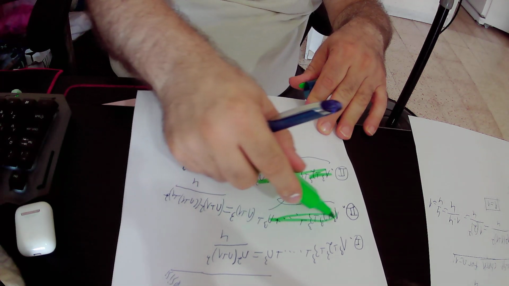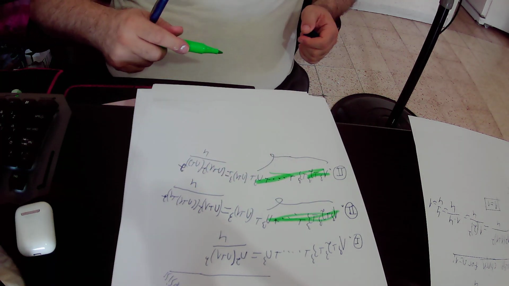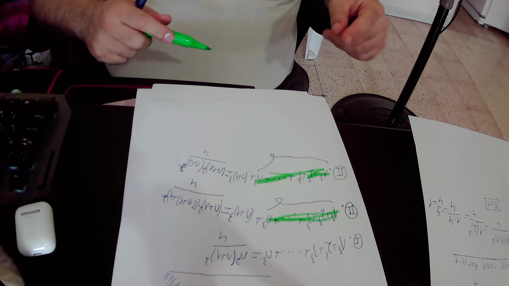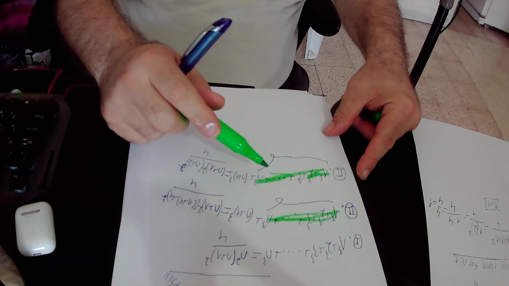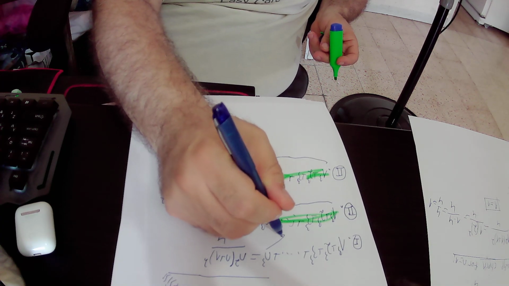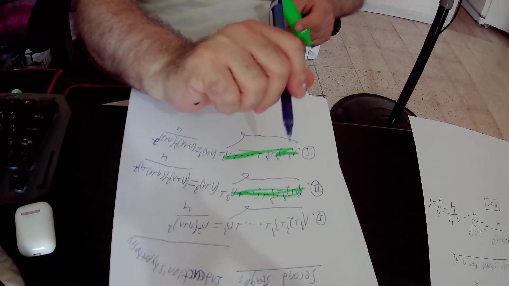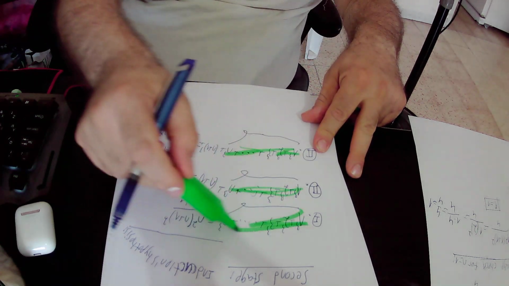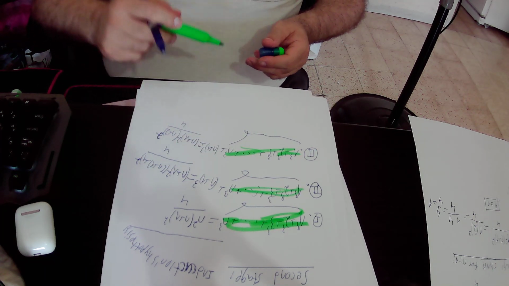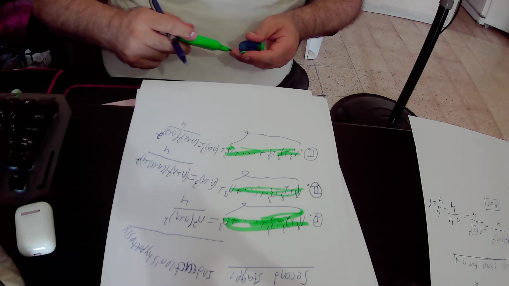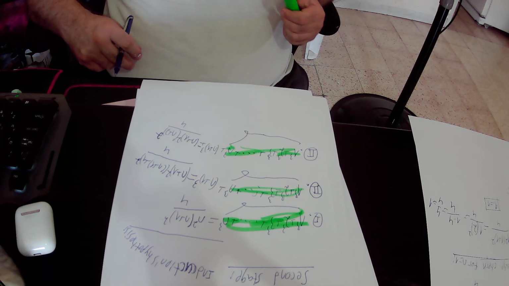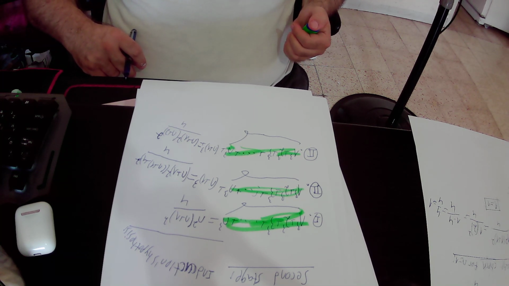The expressions in the green color are identical to each other, and we can say also that all three expressions in the green color are identical to each other. Yes, it is 1 plus 2 plus 3 plus ... plus n, and 1 to the power of 3 plus 2 to the power of 3 plus 3 to the power of 3 plus ... plus n to the power of 3.